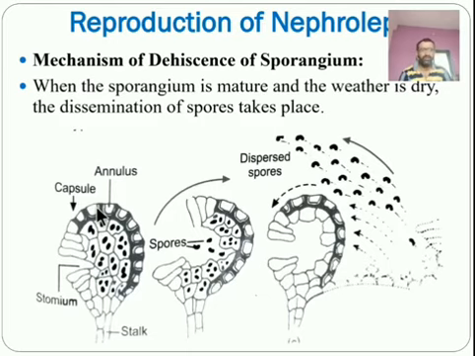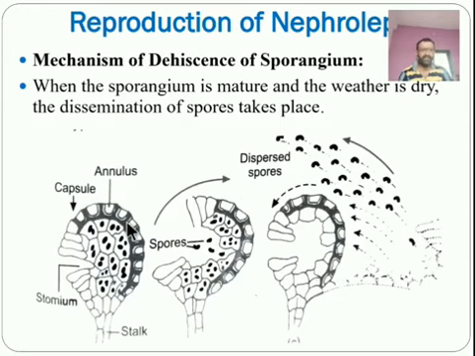At maturity, the wall of the sporangium starts to lose moisture. This is the stomium, this is the annulus, and this outermost wall starts to lose moisture and dries up. At the same time, the cells of the annulus also lose water.